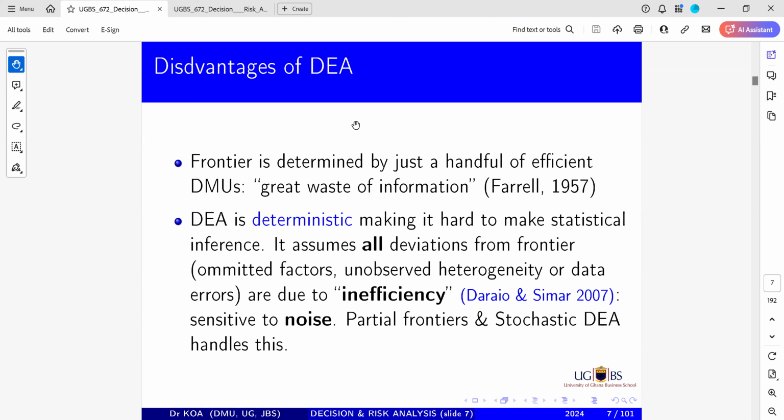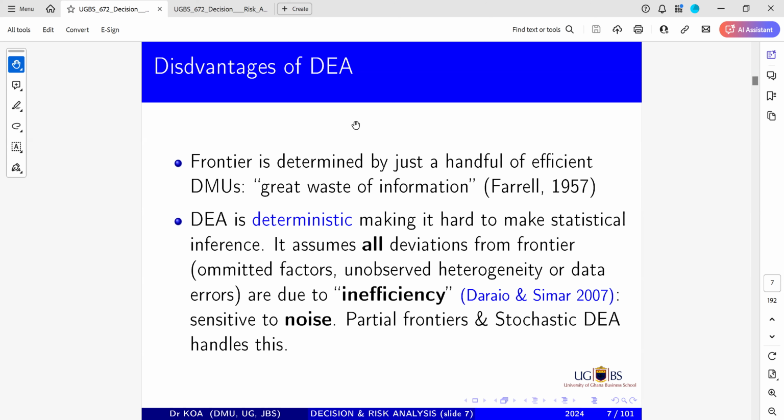All of it. So what it's saying is that there is no noise. But you and I know that there are possible noises. A company can be inefficient, not because managers caused that, but because there was a flood, and that led to destruction of the harvest. So you got to capture inefficiency.